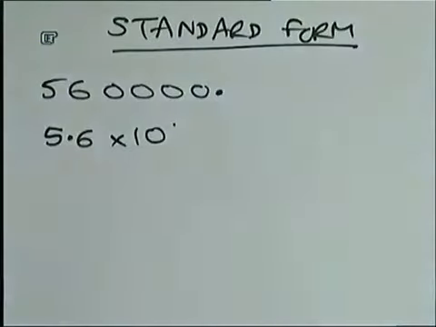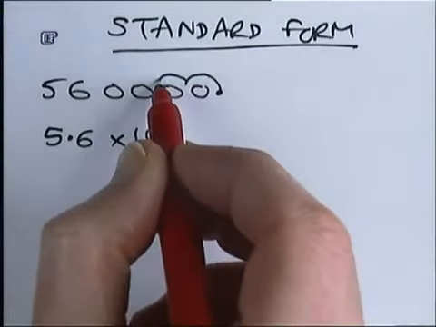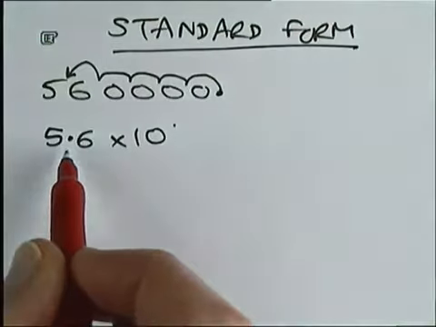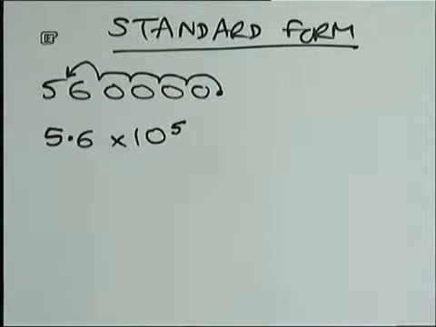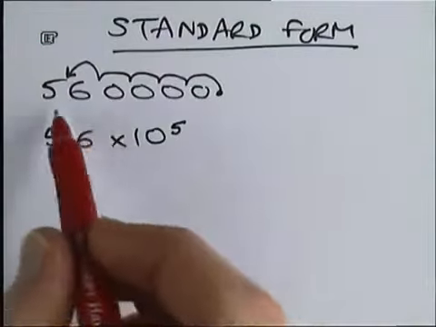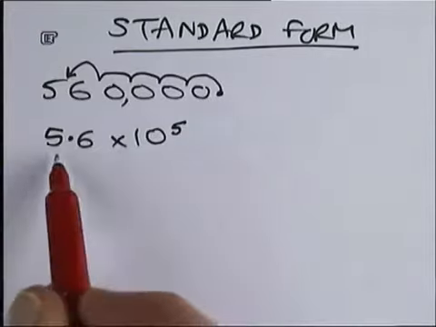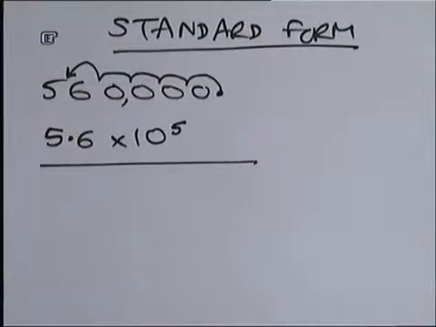It wasn't written in, but that's where it must have been. So I've moved this decimal point 1, 2, 3, 4, 5 times because I put it in between the 5 and the 6. So I will put that up there. So in standard form, this number here, which is 560,000, is 5.6 times 10 to the power of 5.